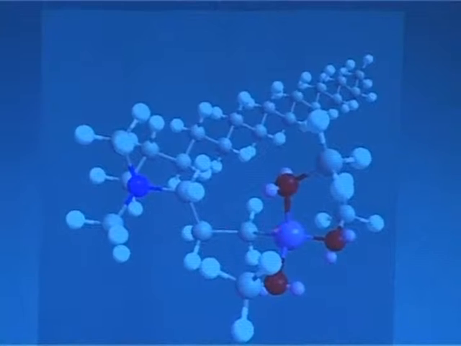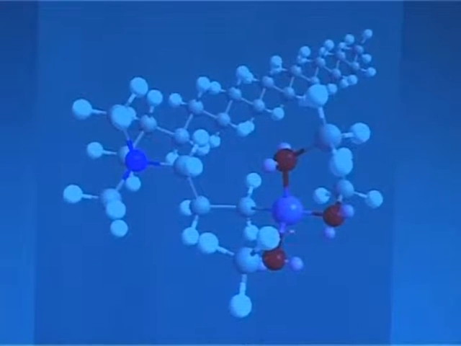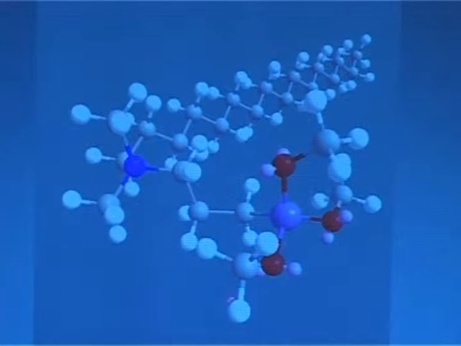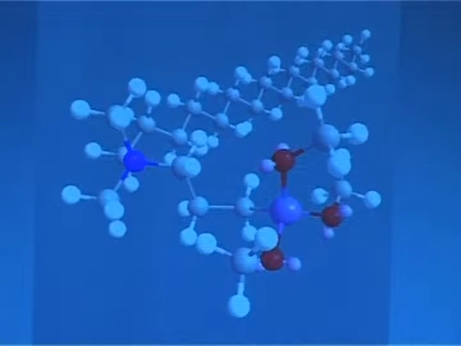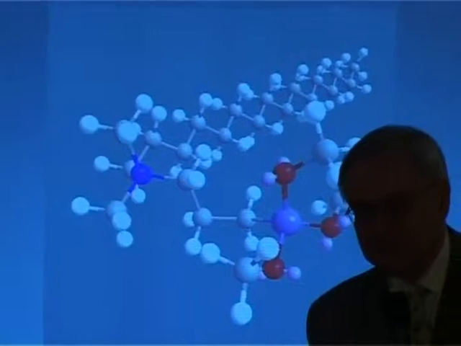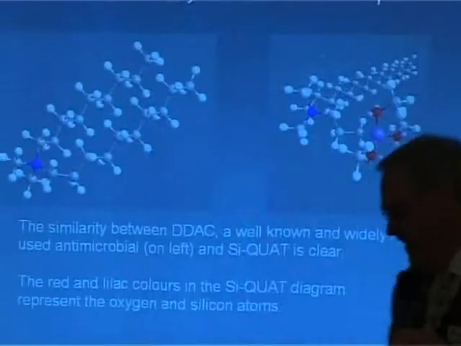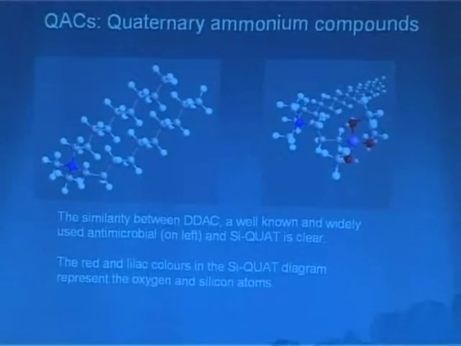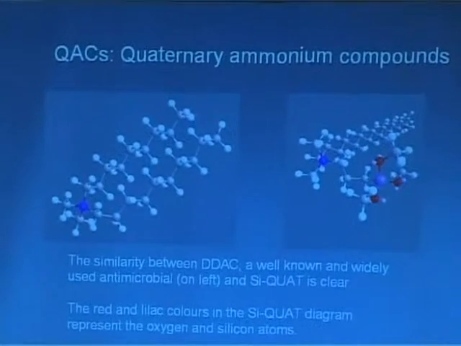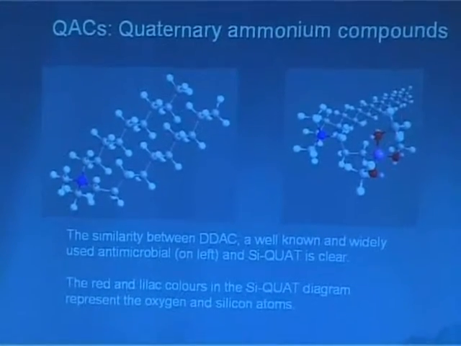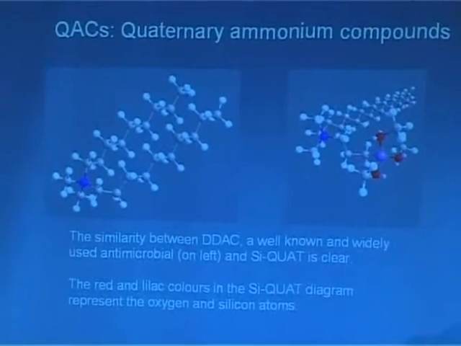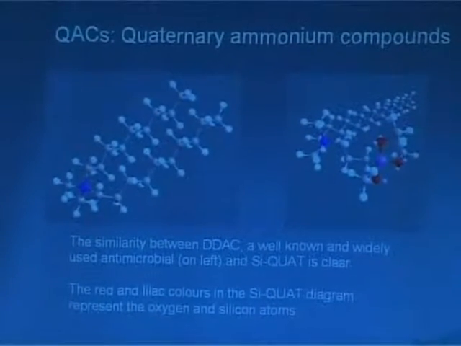Then we've got another chain coming out here which involves a silicon atom with 3 oxygens around it. So this is a silyloxy group. Try saying that after you've had a few drinks at lunchtime. And compared to our typical quaternary, our didecyl dimethyl ammonium chloride, you can see there's quite a close similarity in these two molecules.